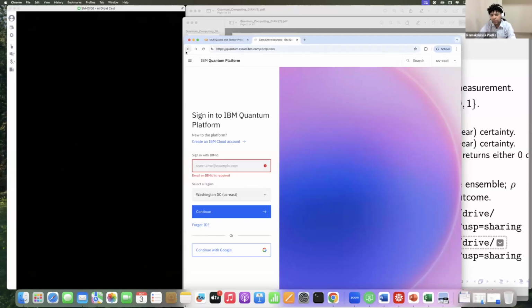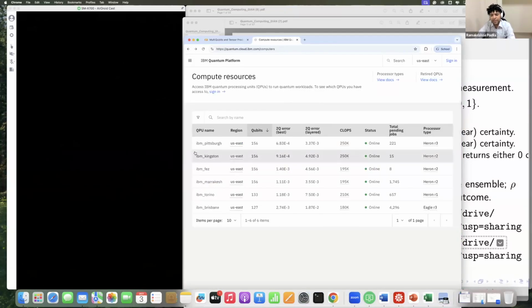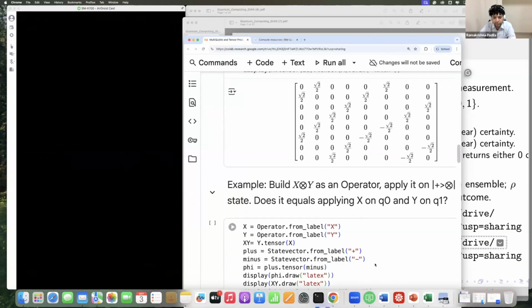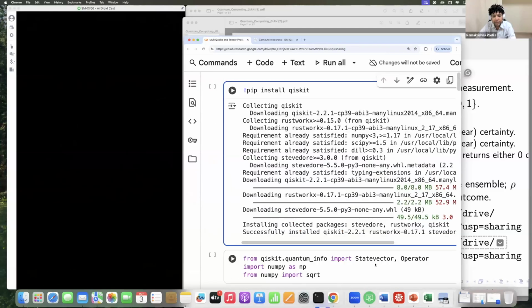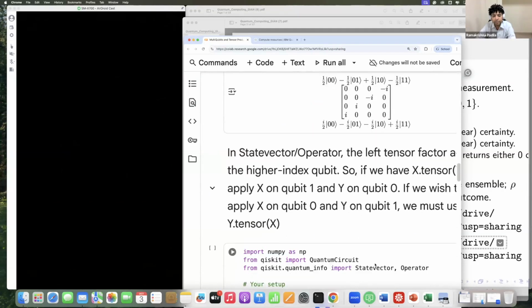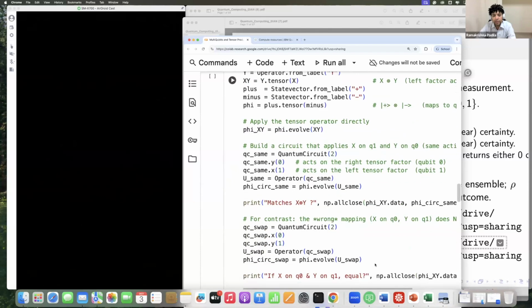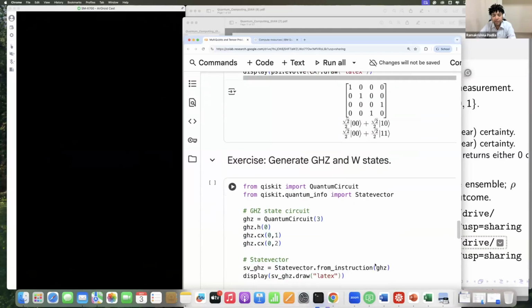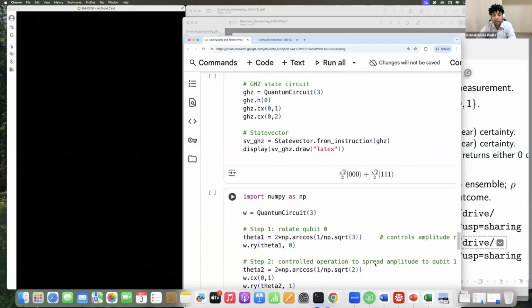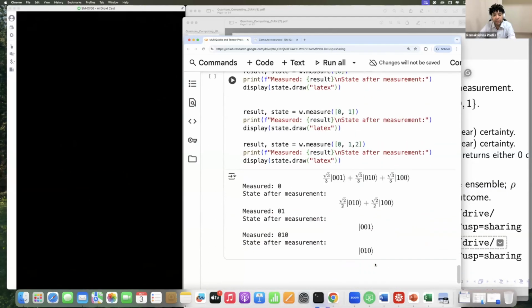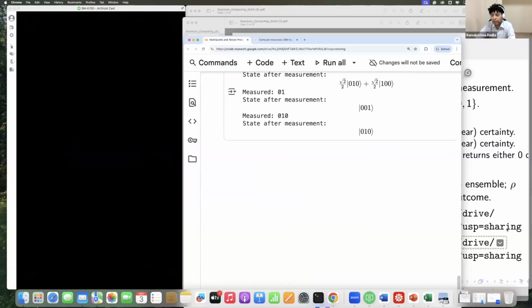So the code is exactly the same, except wherever we are saying, let us say, simulated, we simulated somewhere. Maybe in the other code we have.